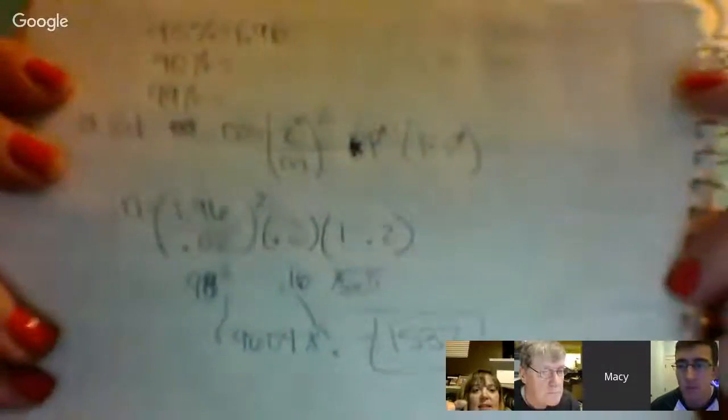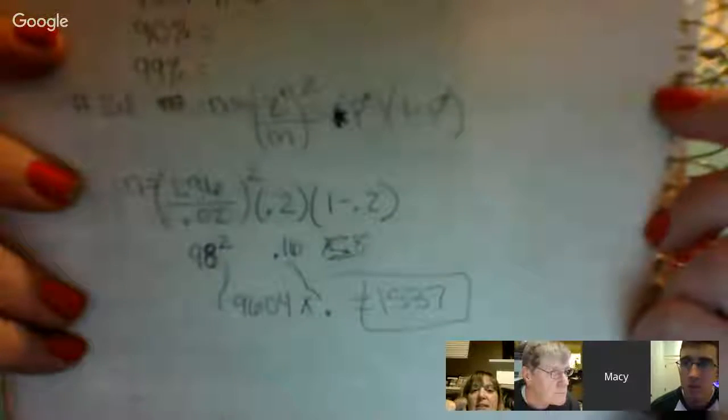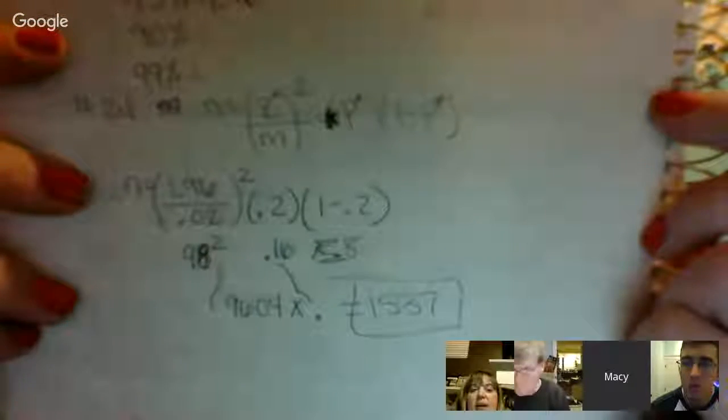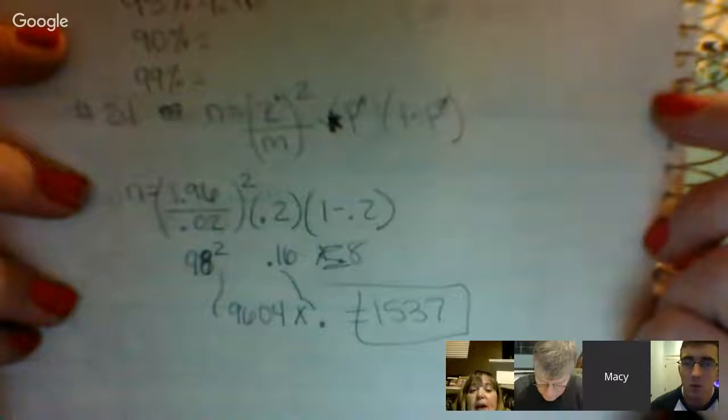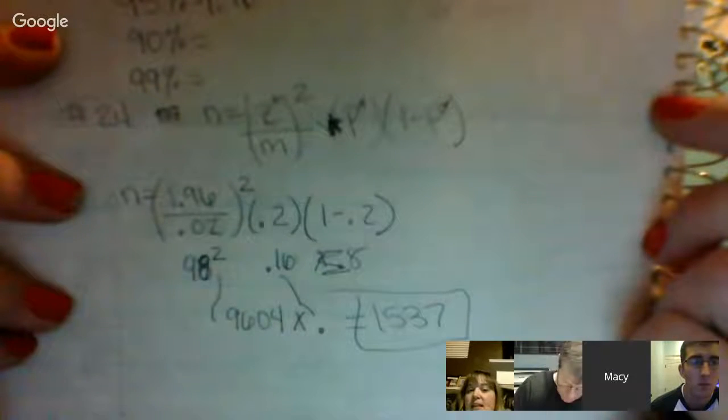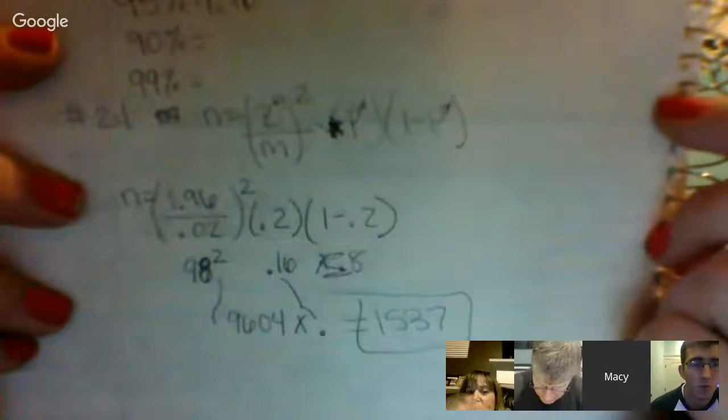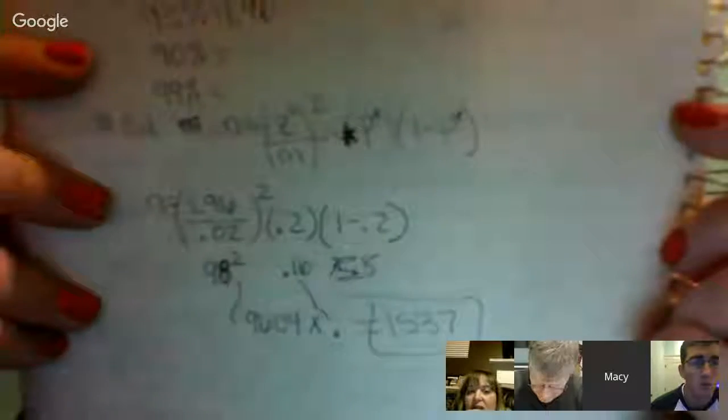So I think I did the N. Can I see your work again? I did a different formula. I did N equals Z star divided by 2M squared, and then it leaves off the P stuff, because we don't have a P.